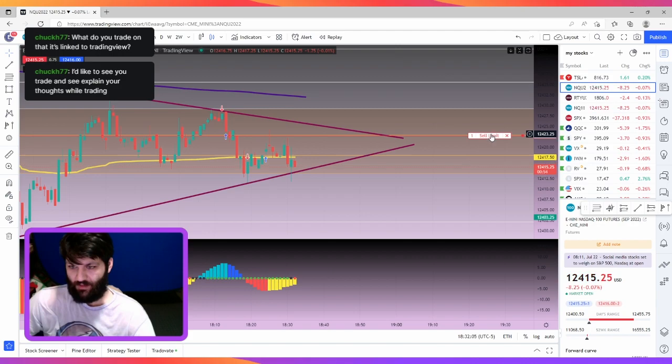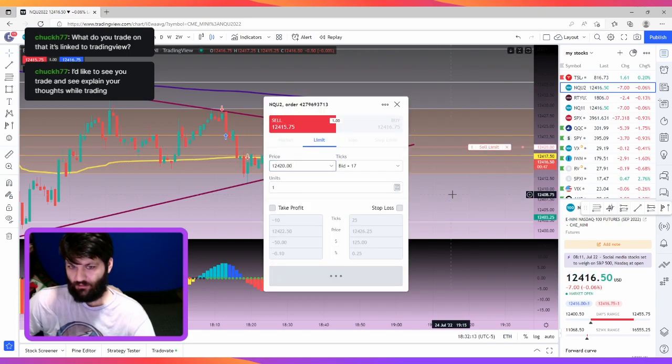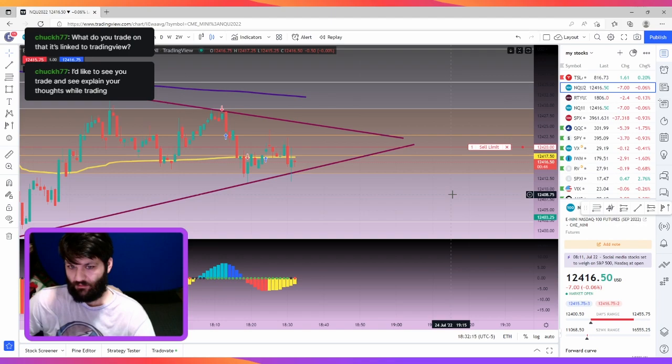And it looks like we're finally about to break out, so I'm actually going to move this to 20. Forming some type of double top here.